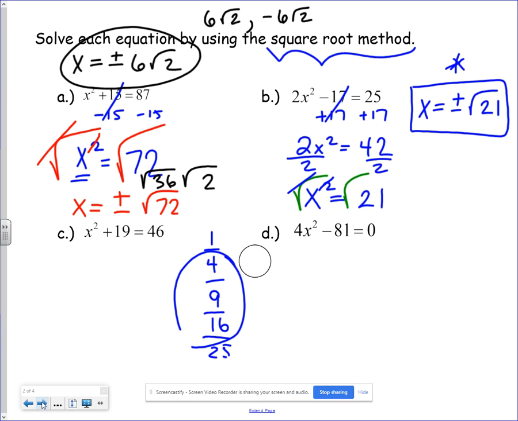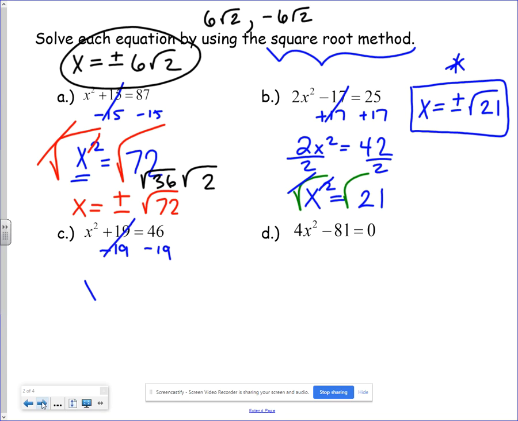All right, let's try these last two examples. So C, we would subtract 19 from both sides. We'll get x squared equals 46 minus 19, which is 27. Take the square root of both sides.